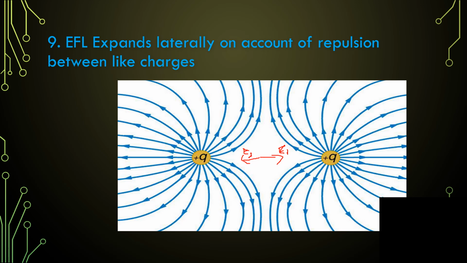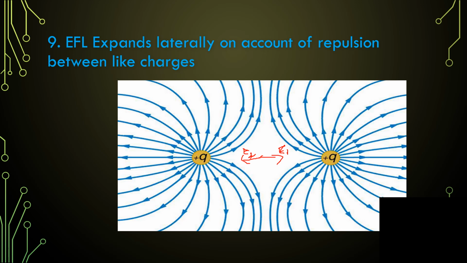Now at this point, what happens? E1 and E2 are both equal, right? Because how to calculate E1 and E2? We know that the electric field is directly proportional to charge and inversely proportional to the square of the distance.